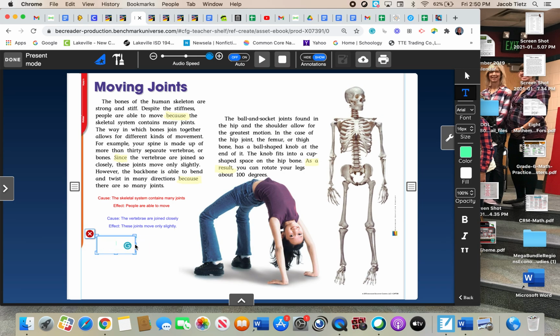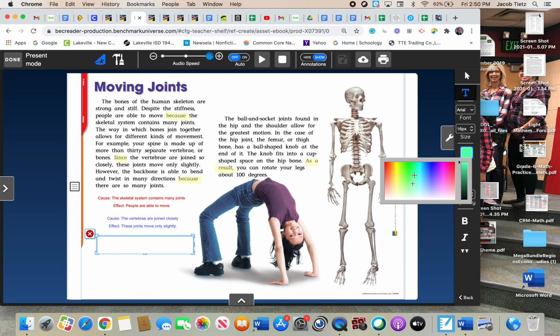And of course, I can never get the box to extend the first time, always the second. This color is a little too bright. Let's go with red there, or pink. There we go.